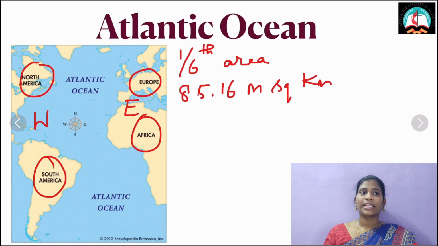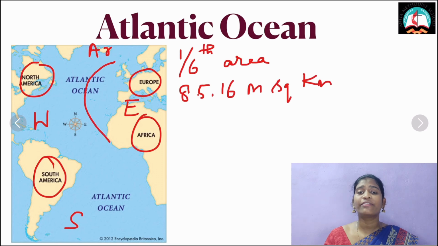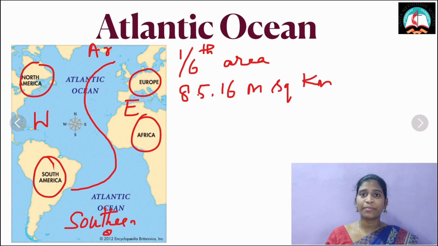Like the Pacific, it stretches from Arctic Ocean in the north to Southern Ocean in the south. The shape of the Atlantic Ocean resembles the letter S, as we have learnt in the previous class. I hope you all remember that.